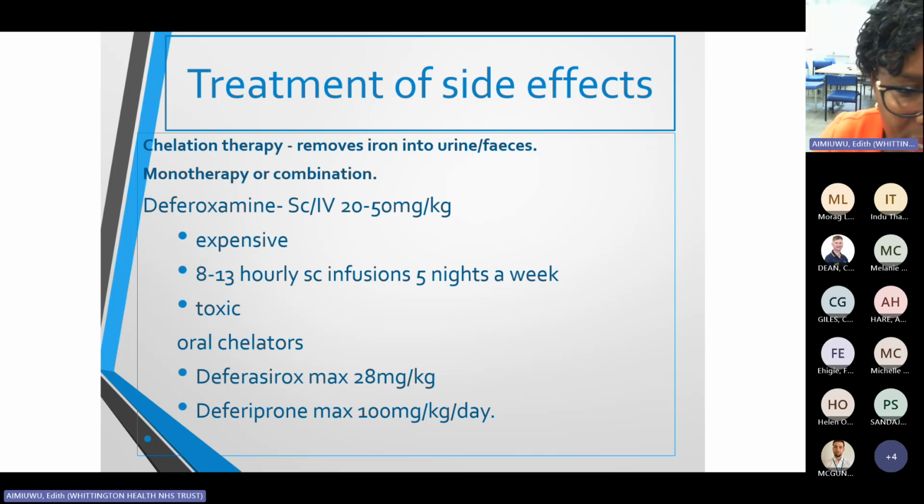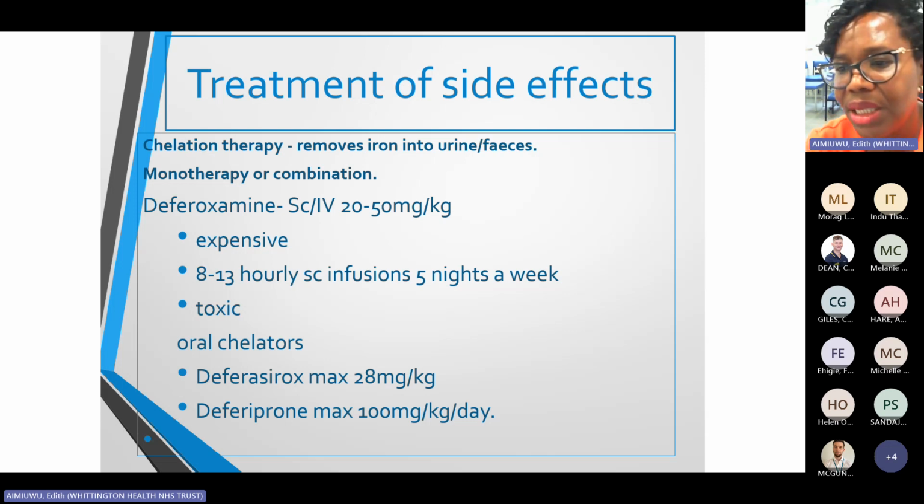What is the treatment? The deferoxamine has been in use for so long, and that can be done as a subcutaneous infusion or as an intravenous infusion in adults with severe iron overloading. And the dose range should be between 20 to 50 milligram per kilogram.